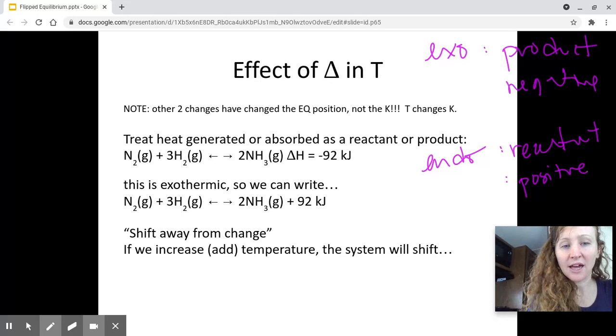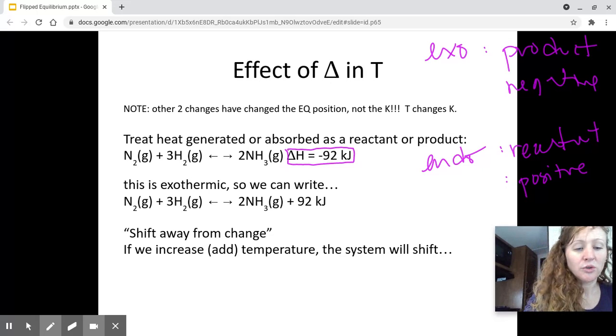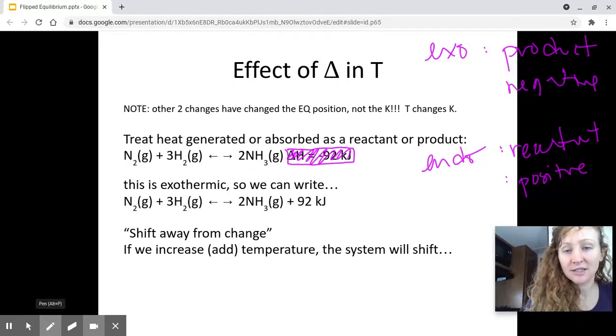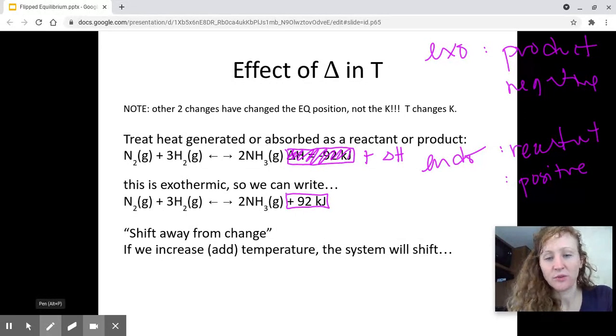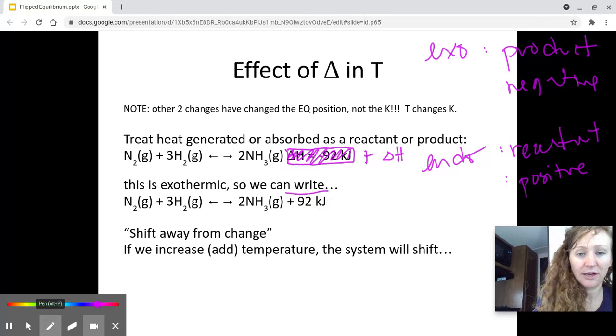So look at these two scenarios. If we have delta H, so the overall change in energy of our reaction, is a negative 92 kilojoules, what we're going to do is we're going to put that heat as a product. In the case of this one, that's exactly how it would be written. So notice the heat has been listed as a product.